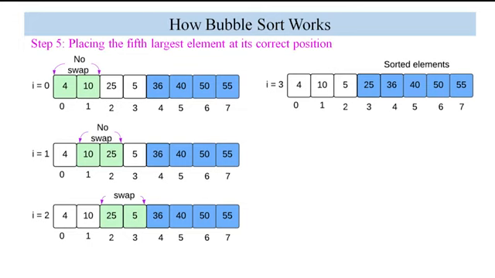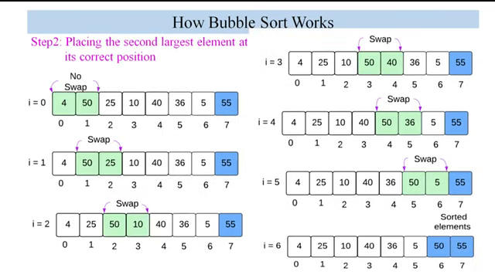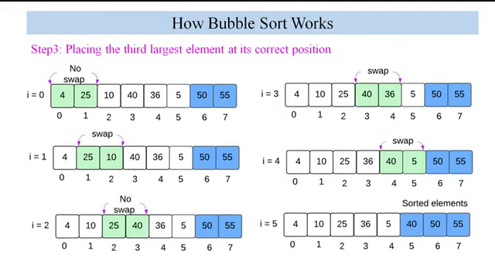Like in pass 1, we can see there are a total of 8 iterations, because there are 8 elements, and in the worst case 8 swaps may be done. 8 or fewer than 8 swaps will be required, and 8 comparison operations will be required. Similarly, in step number 2, there are 7 iterations required to sort the second largest element. In the third pass, we require 6 iterations.